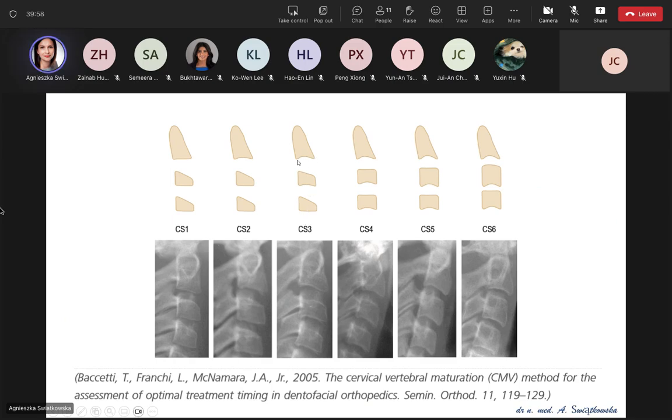So concavity on the second and third vertebra, and here this vertebra is still flat. We should finish the treatment at this stage. So here we expect the most intensive growth.